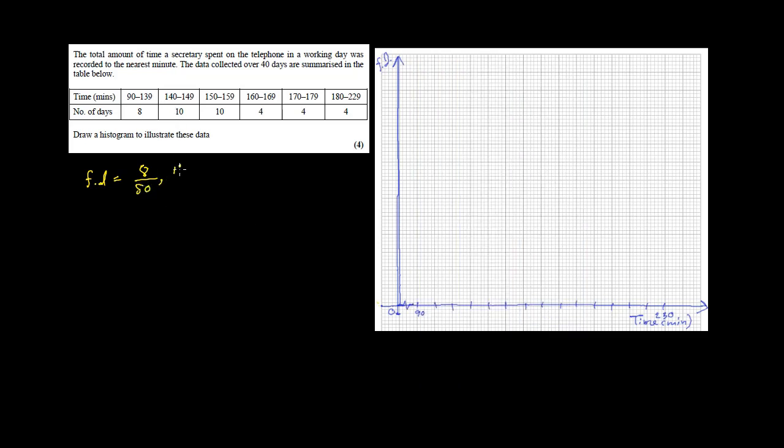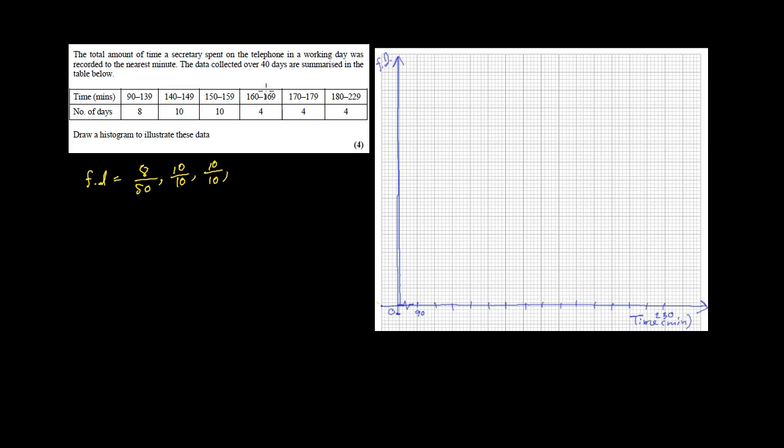Then we have frequency 10 divided by class width, 149.5 minus 139.5. Because of the continuity correction, there is a gap in the data here. So 149 minus 140 is 9 plus 1, 10. Then we have 10 divided by 159 minus 150, which is going to be 9 plus 1, 10 again.